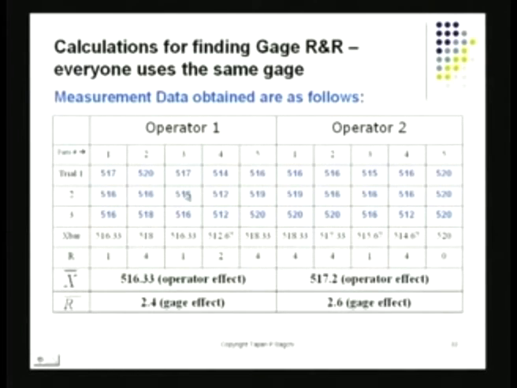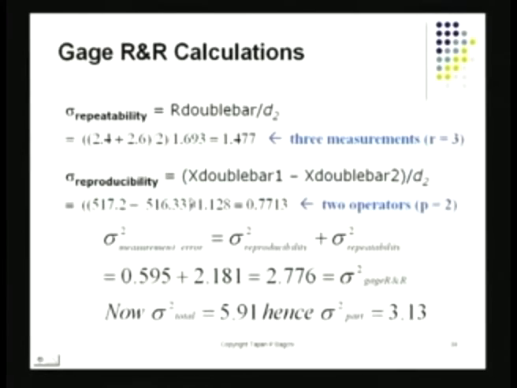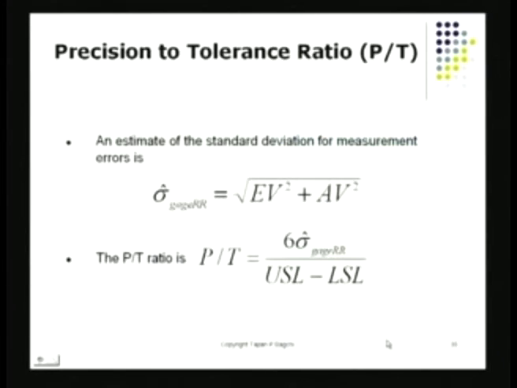With these three different contributors of variance, when they are added up, we end up with the sigma total that turns out to be this. Now, if I subtract the gauge variance from this quantity, we'll end up with the part to part variation. This is what I'm really after, which I've captured like this.